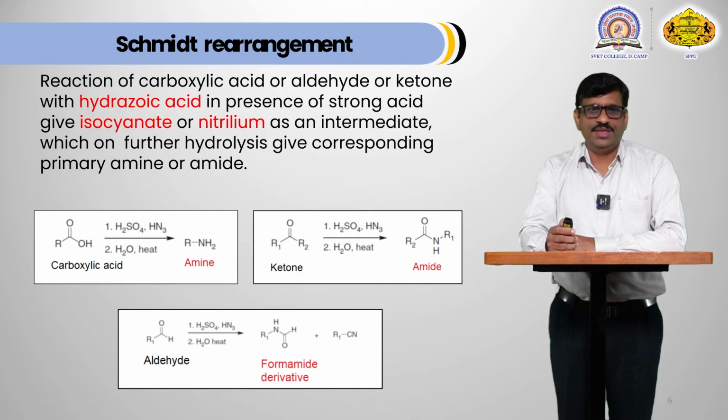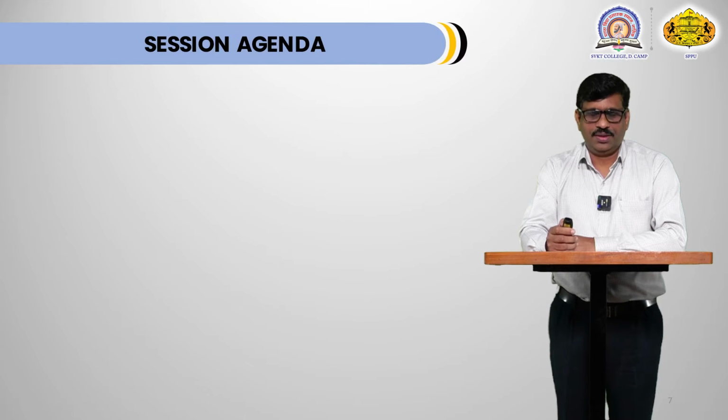The final product is an amine, amide or formamide derivative. Sometimes, when the starting compound is an aldehyde, alkyl cyanide is formed as the product.